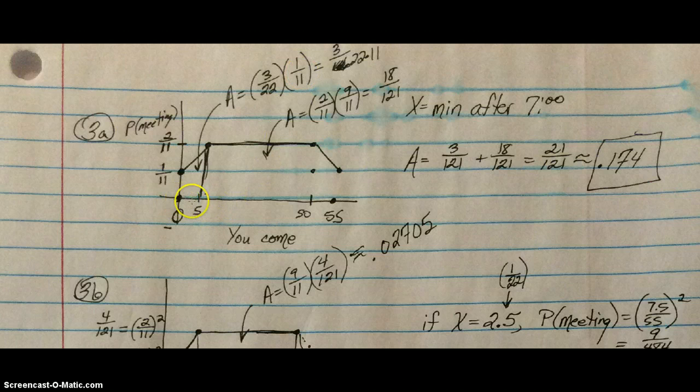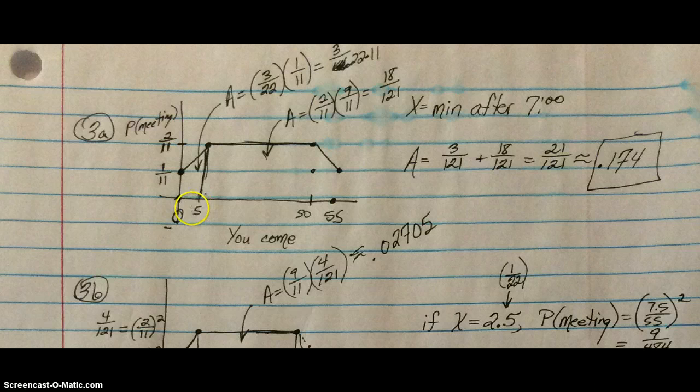So in other words, between 0 and 5, this wouldn't be a distance of 5, it would be a distance of 1/11th, because this occupies 1/11th of the possible times for me to come. Between 5 and 50 would be 45 out of 55. So using that, we can calculate the area under this curve and get 0.174.